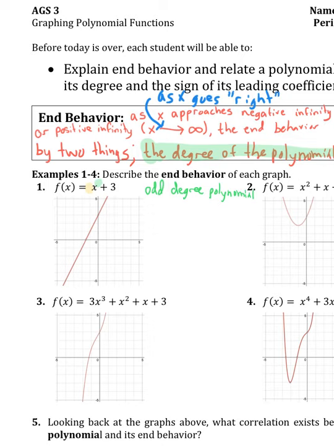The leading coefficient is going to be a positive number. So positive leading coefficient. Whenever there's not a number written there, you can just assume the number 1 is in front. All right, that's what a leading coefficient is. Okay.